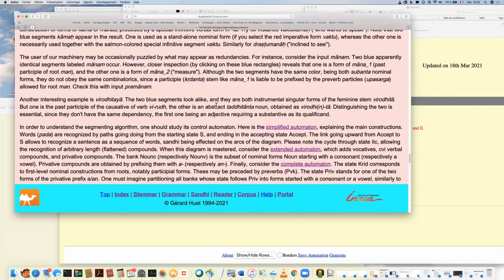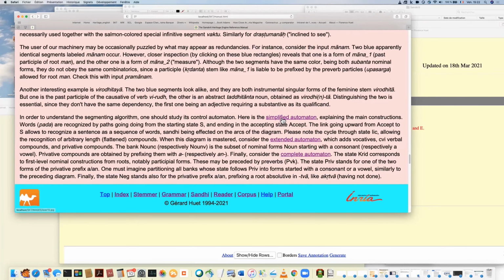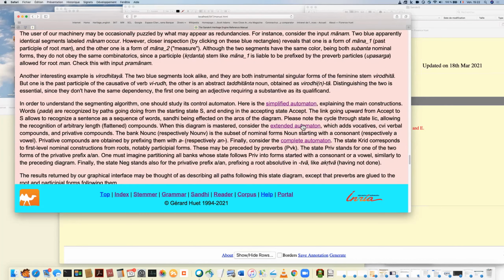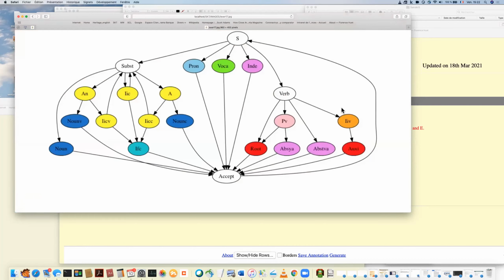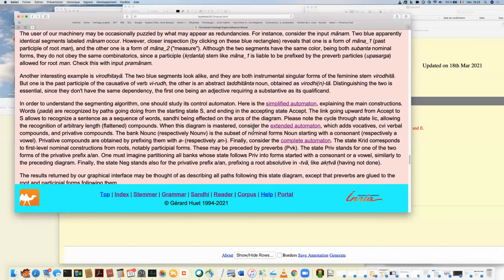Okay, this is a kind of simple. Once you understand this simplified automaton, then you can graduate to have a more extensive one. This one will possibly use the privative prefixes a for consonants or an for vowels. Okay, so now you get more knowledge about these works.